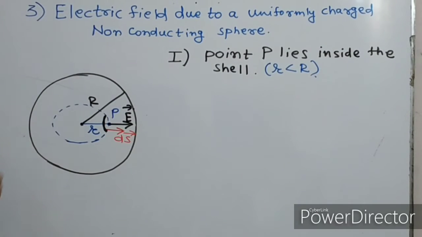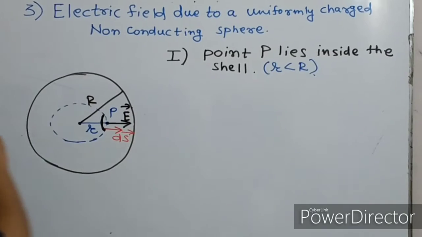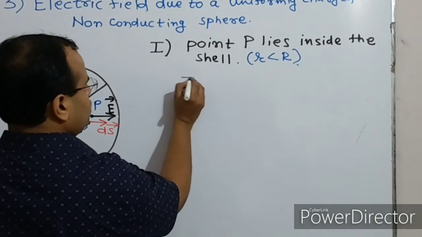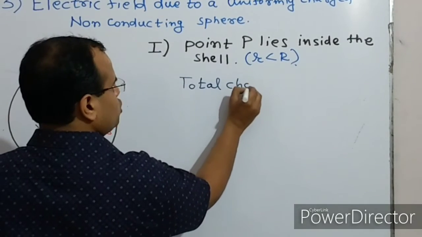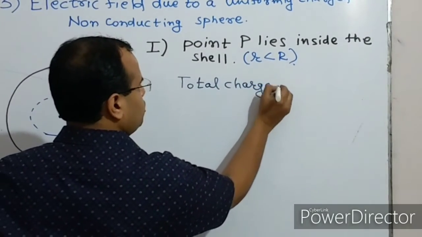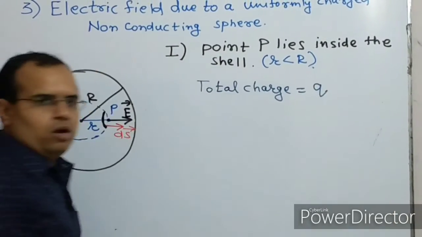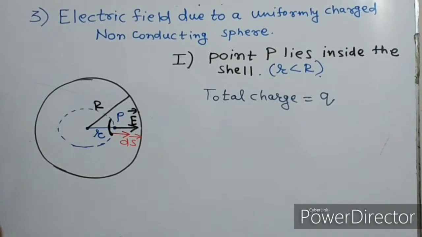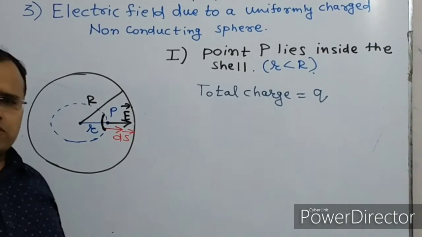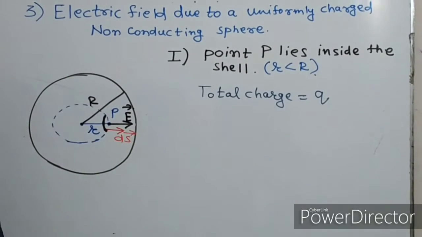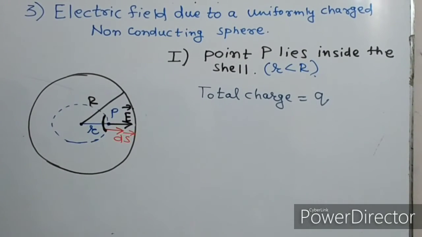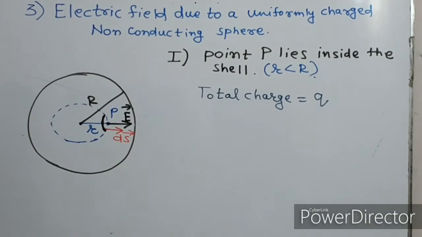Let the total charge over the sphere be small q. Because it is a uniformly charged sphere, the charge is uniformly distributed at each and every point.